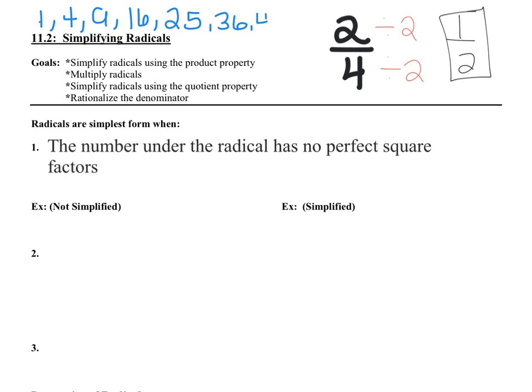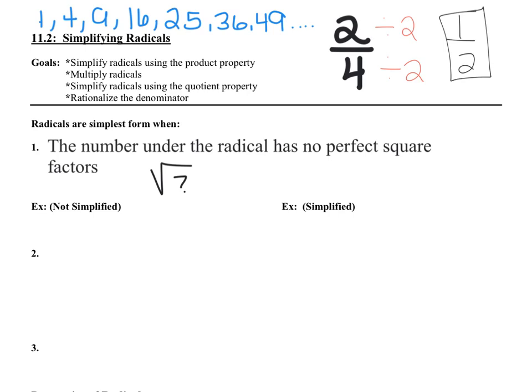I could go on forever, but I'm just going to continue on like that. So the number under the radical, whatever's underneath the radical sign, if I can divide this number by a number off this list, then I'm going to have to simplify it. If I can't, then it will be considered to be in simplest form.